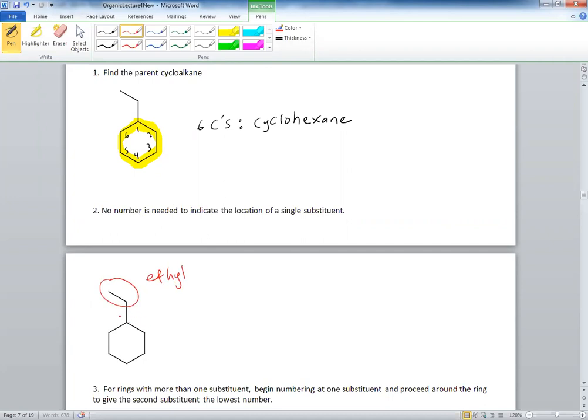So if we have an ethyl occurring at 1, 2, 3, 4, 5, and 6, all we have to call this is ethylcyclohexane. Notice we did not include 1. What's the point of including 1? It's kind of like saying 1x. No, we say x. It's implied that there is a substituent at that first carbon.